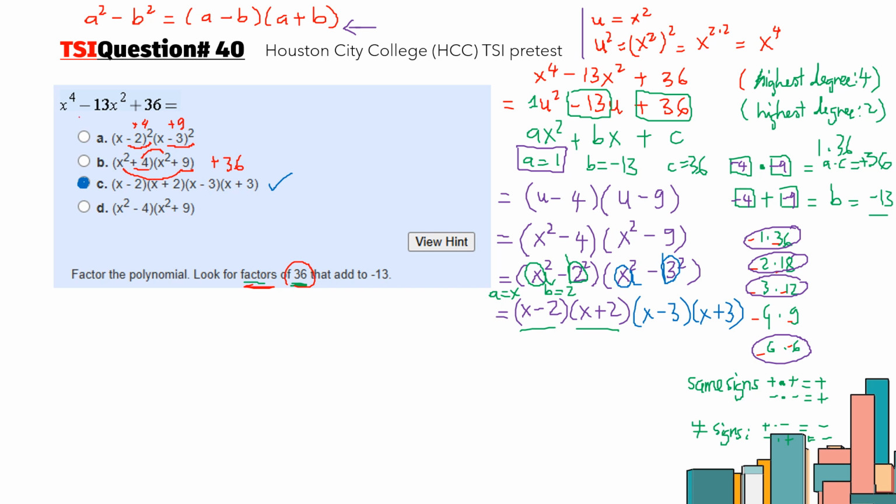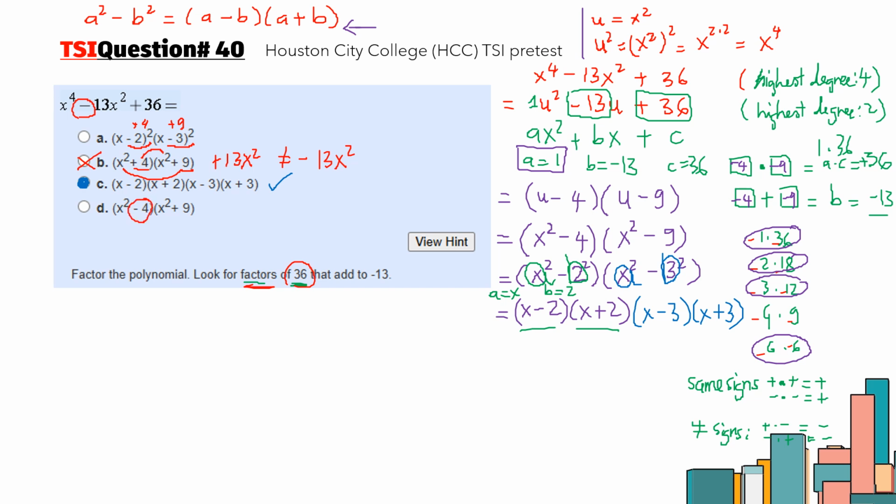You cannot produce any negative right here. So B you can eliminate, because you make positive 13x squared instead of the negative 13x squared.